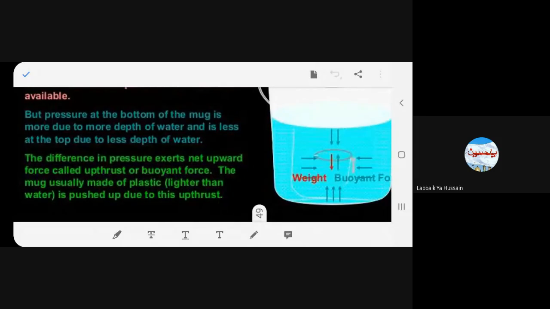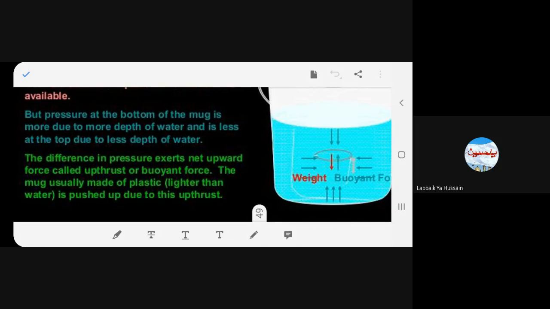The difference in pressure exerts a net upward force called upthrust or buoyant force. The mug, usually made of plastic lighter than water, is pushed up due to this upthrust.